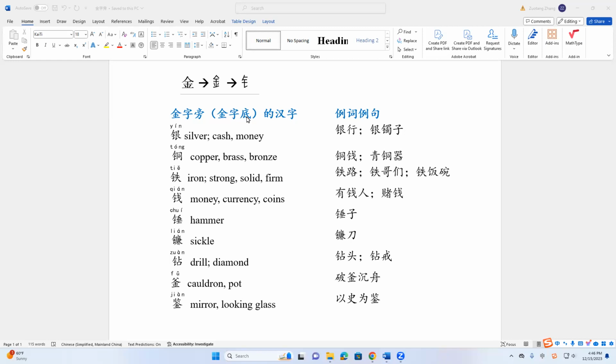So we're going to look at these words. I'm going to read them once, and I'm going to lead you to read them before I explain. 银、铜、铁.